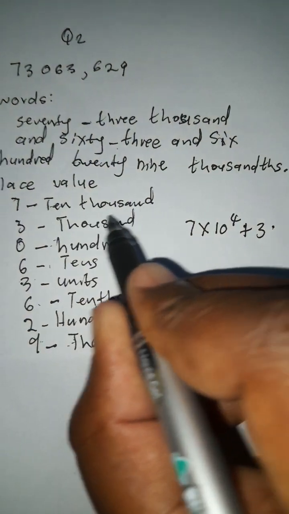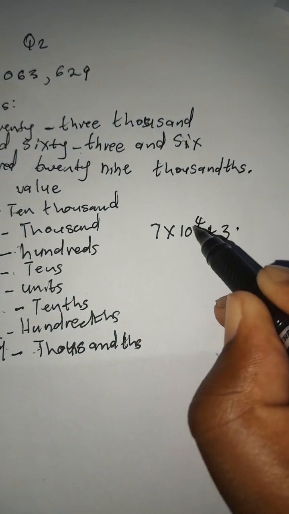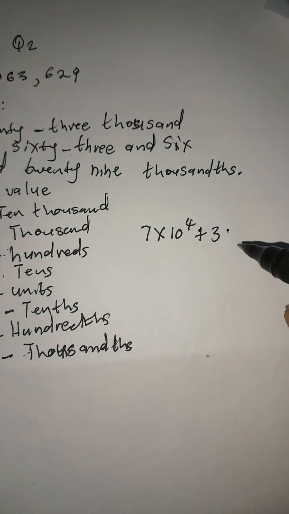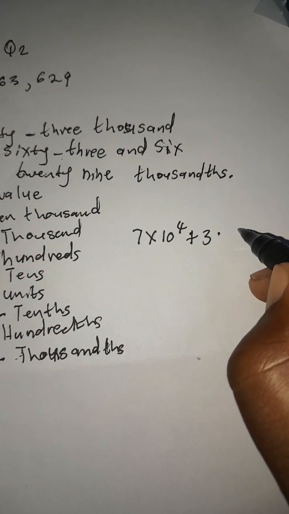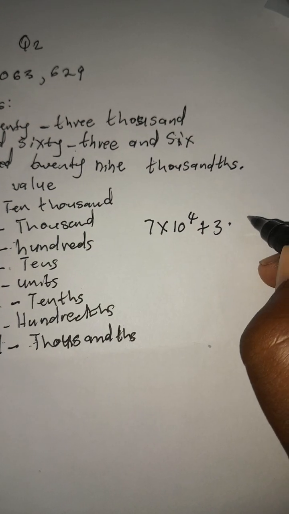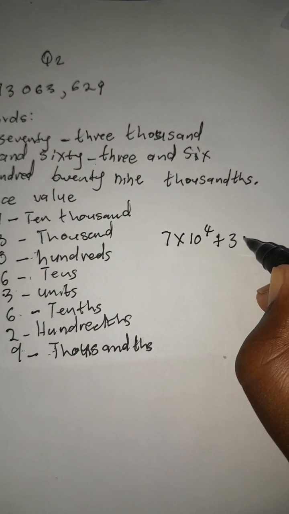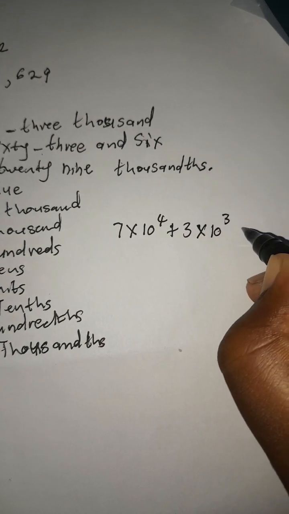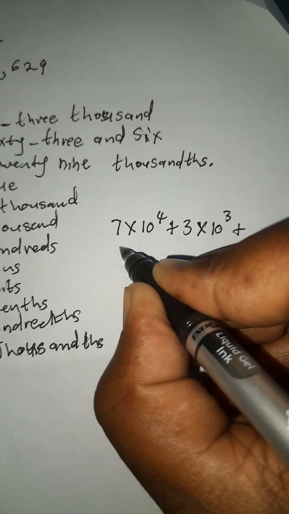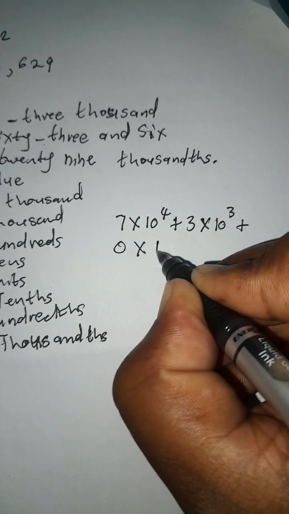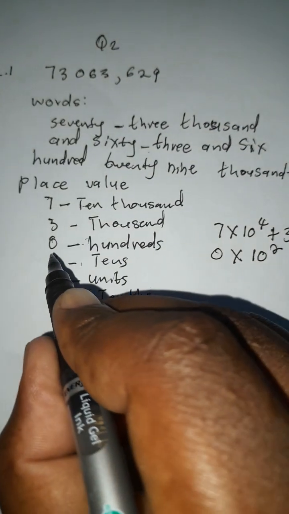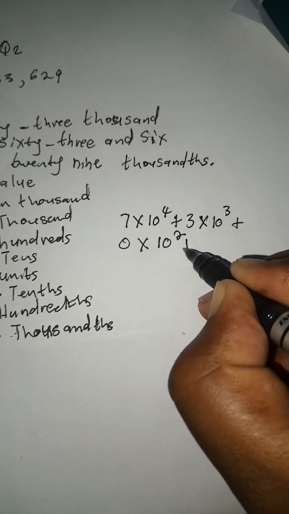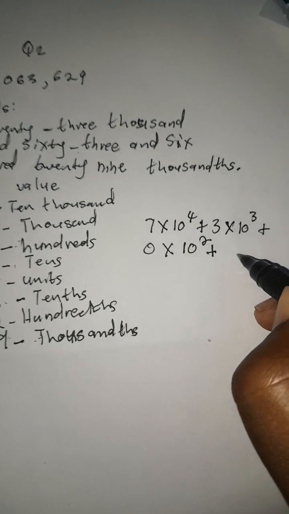Then the 3 is in thousands, so it's going to be 3 times 10 to the power of 3. Then plus 0 times 10 to the power of 2, because the 0 is in hundreds.